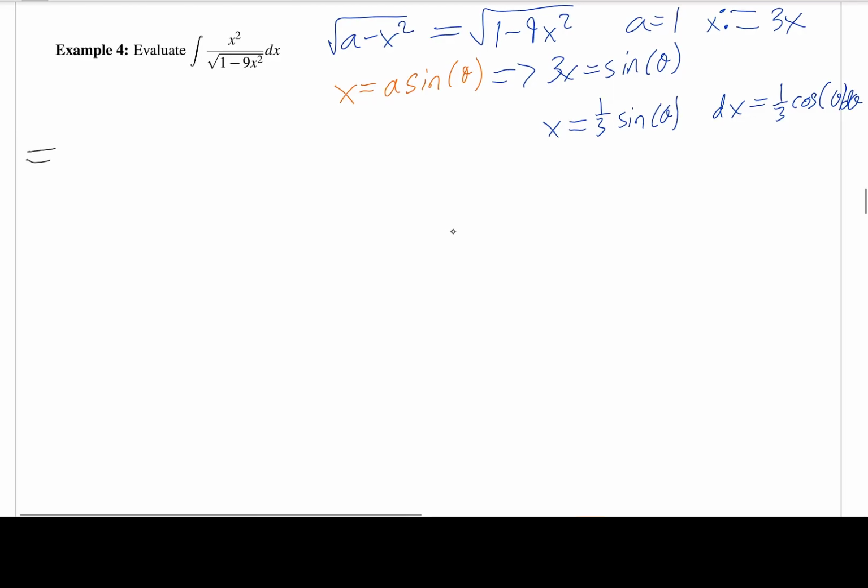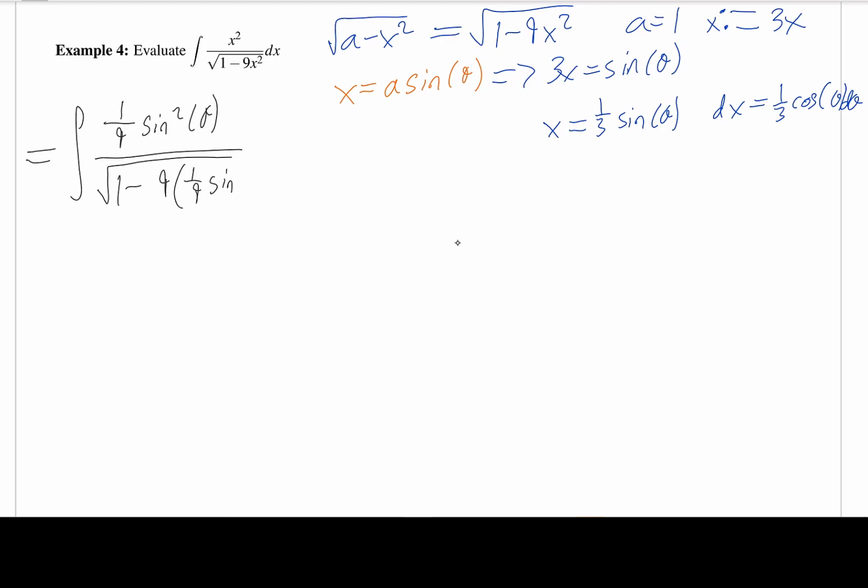So then plugging everything into our integral, we should get x squared on top, so that's going to be 1/3 squared, so that's 1/9 sine squared theta over the square root of 1 minus 9 times x squared, so that's 9 times 1/9 sine squared theta d theta.